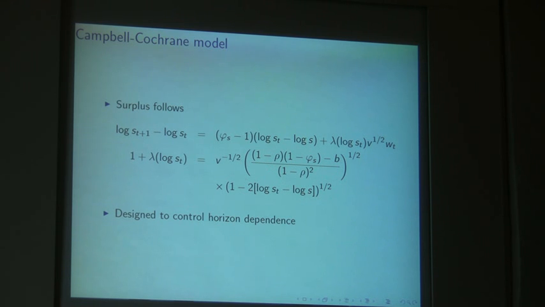It's a function that's rigged in a particular way to exactly control for horizon dependence without destroying the entropy. And we'll see that very clearly in a second. But it's a different approach to getting some stochastic volatility, some stochastic scale into the shock process.